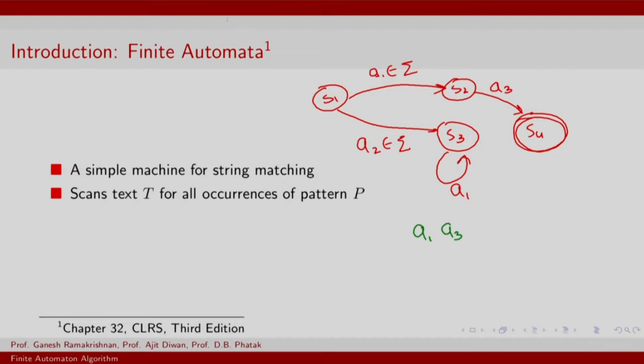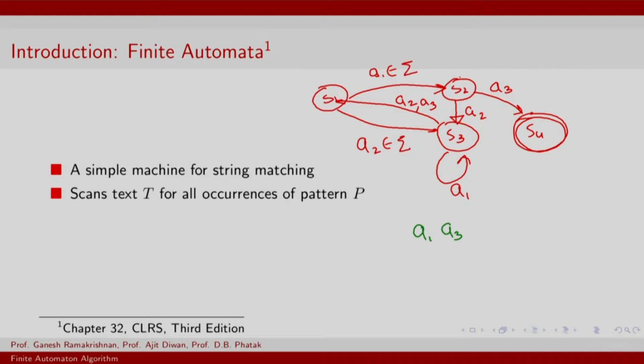Of course, we haven't completed the automaton. So on S2, if I see A2, I might go to S3 and keep looping around as I see A1. Unfortunately, I haven't created an exit back from S3. So imagine that I have a transition from S3 to S1 on A2 as well as A3.